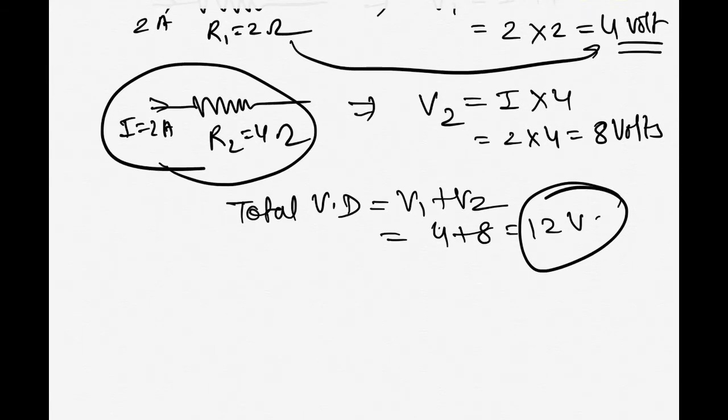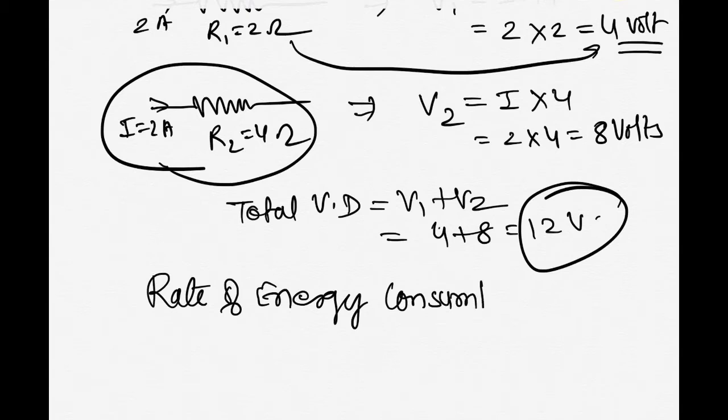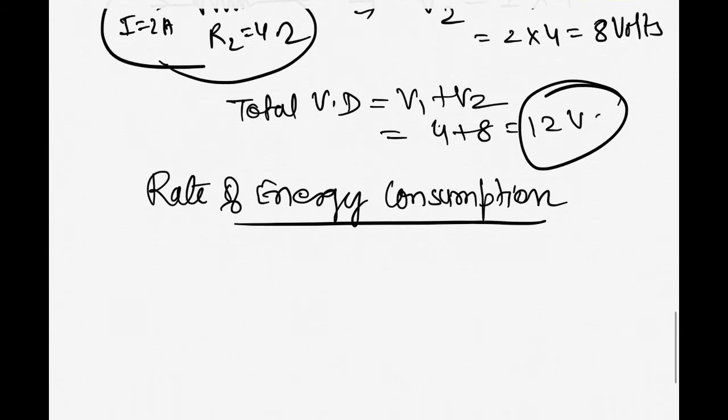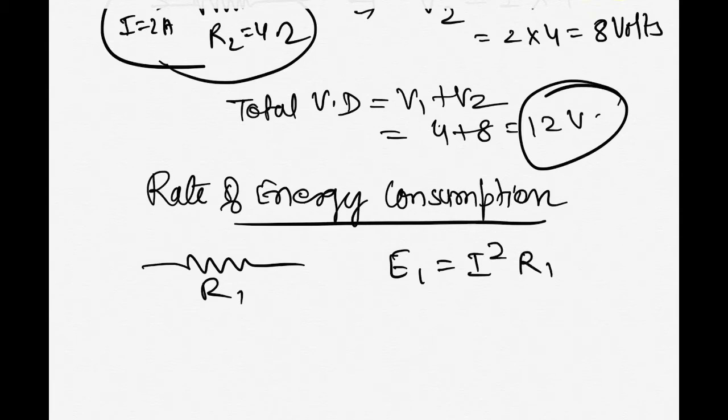The last thing is we want to find out the rate of energy consumption by individual resistors. Now the energy consumption rate because of R1 will be equal to E1, and that is I square R1.